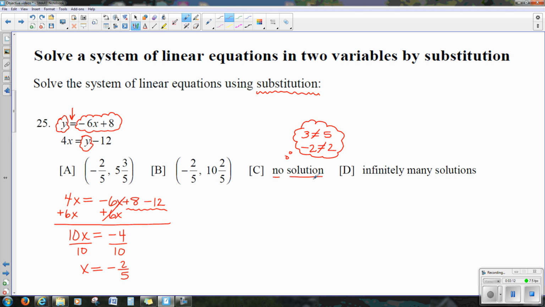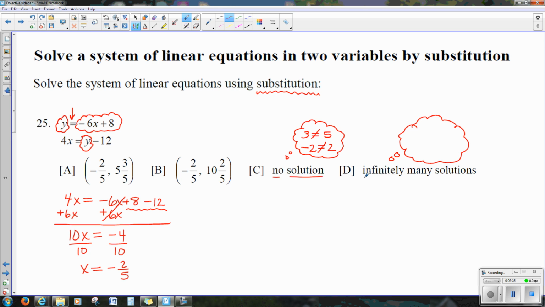Okay, so if we go back to the graphing, that's what we're thinking about there. Infinitely many solutions, if we were graphing, would look like two lines that are actually the exact same line. They look different in the two different forms, but when we get them into y equals mx plus b form, we realize they're actually the same line.